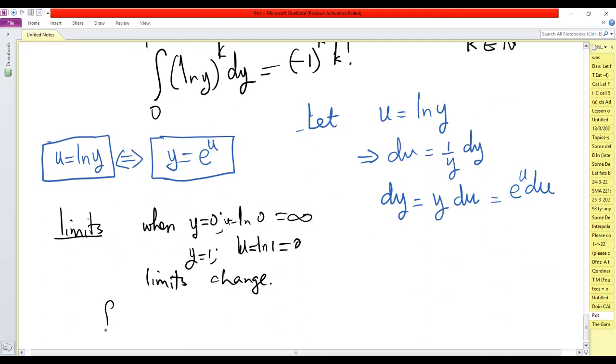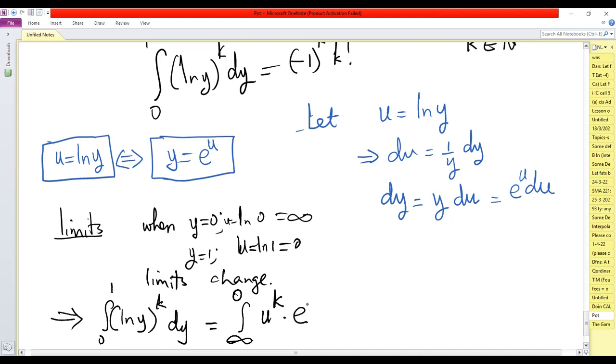So therefore, the integral from 0 to 1 of (ln y) raised to the power k dy will be given by the integral, where 0 will now be negative infinity, and 1 will be 0, of u to the power k times e raised to the power u du.